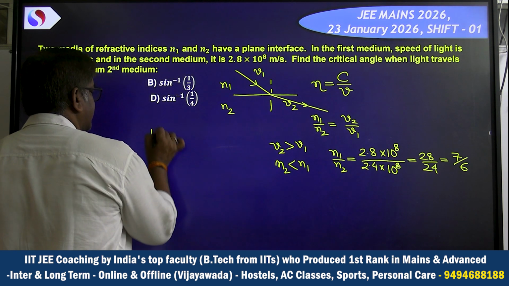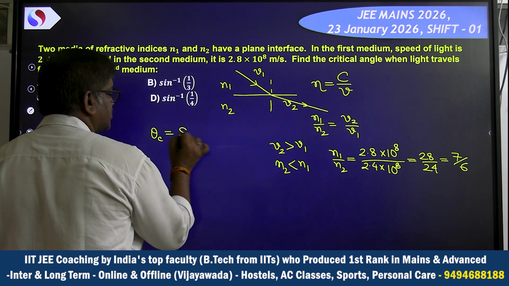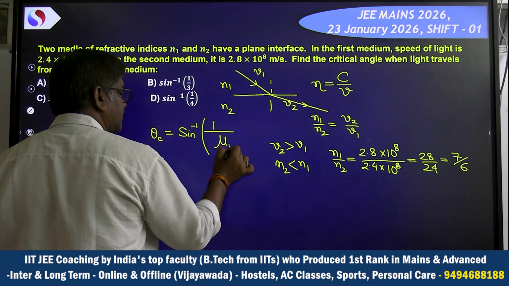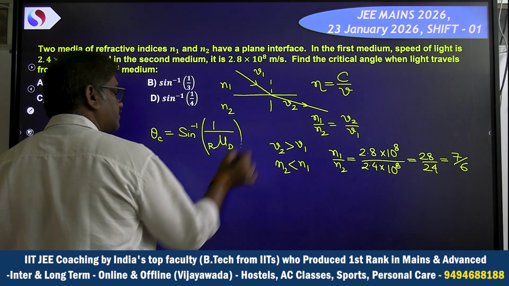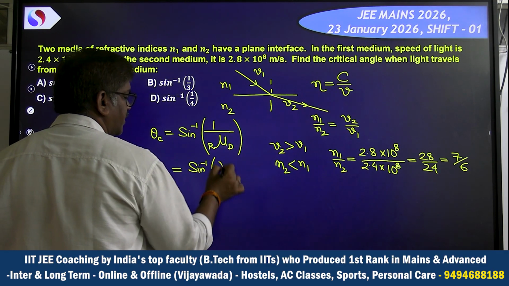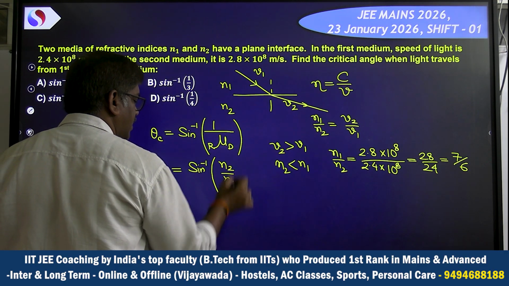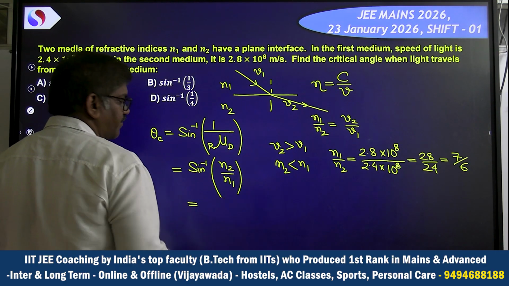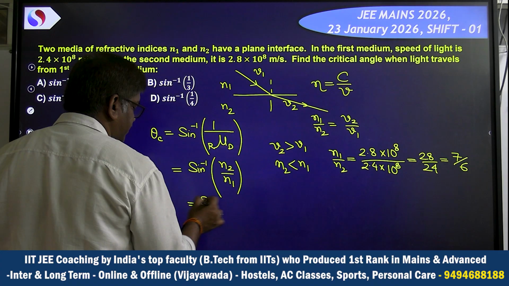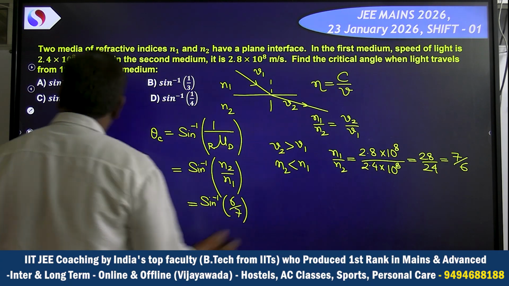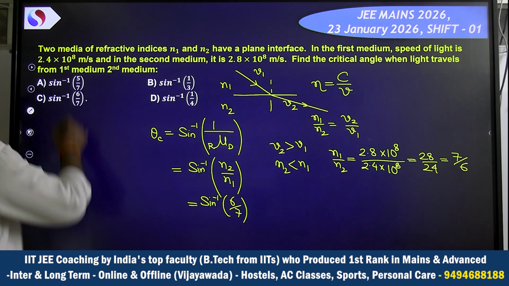As far as critical angle is concerned, we can directly use the formula. It is sine inverse of 1 upon mu of denser to the rarer. That means it is going to be sine inverse of N2 by N1. N1 is denser, N2 is rarer. So the value of N2 by N1 is sine inverse of 6 by 7. Sine inverse of 6 by 7 is my right answer.